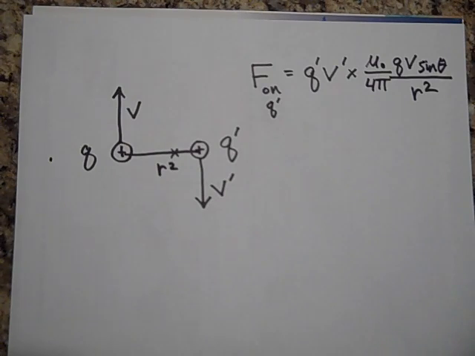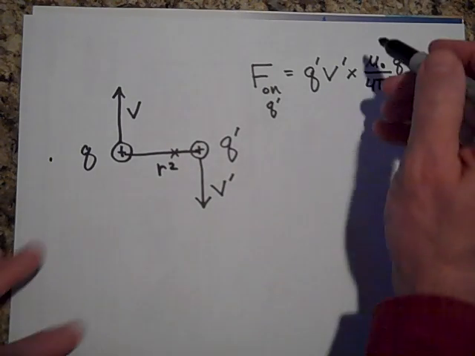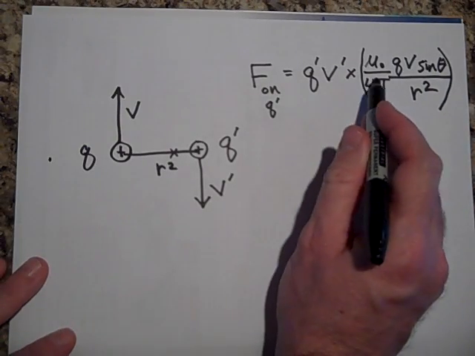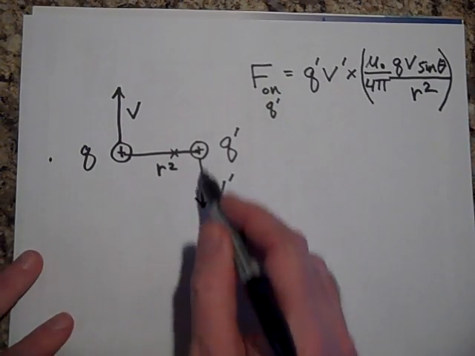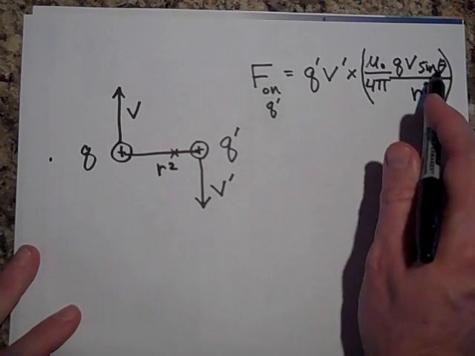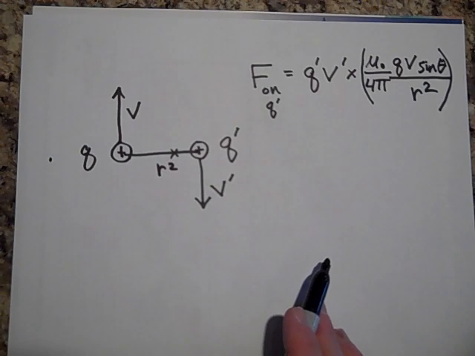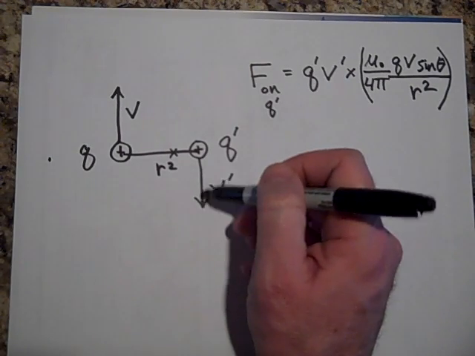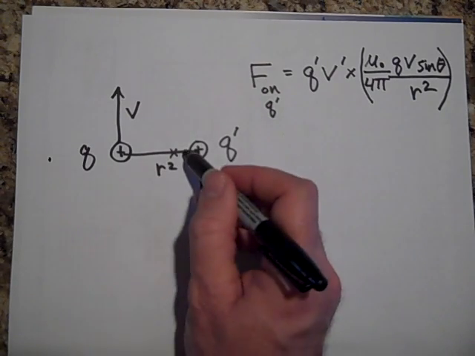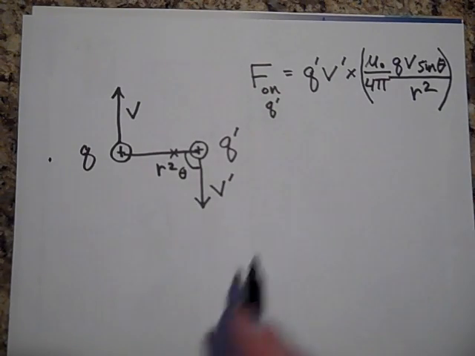Now I'd like to convince you of a couple things. This is the magnetic field. Isn't the V perpendicular to the B? See how the V is perpendicular to the B? So I can get rid of that cross product. And then that sine of theta, how are V and R related? This is theta. It looks like theta is 90 degrees.